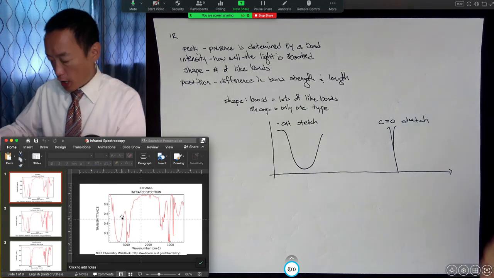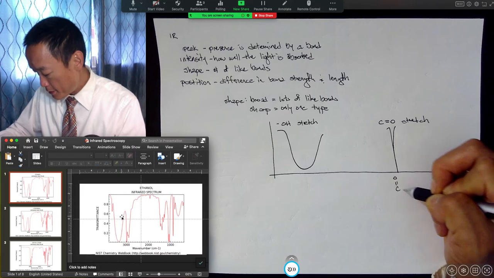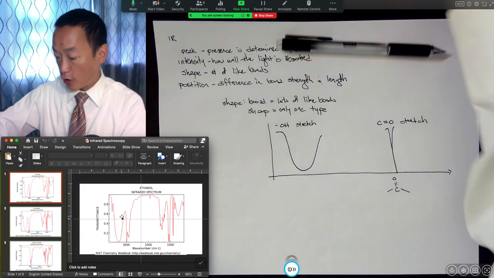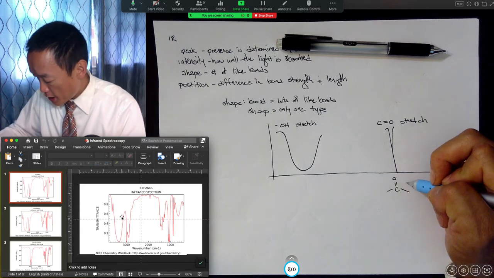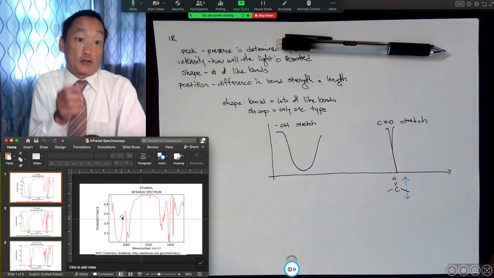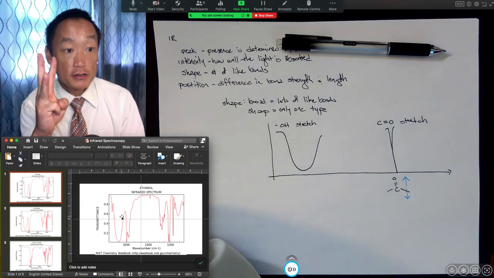The reason why is really simple. There's only one type of bond at that point in a carbonyl that can only do one type of movement, a stretch like that. And if there's one bond with one movement, it's one energy.